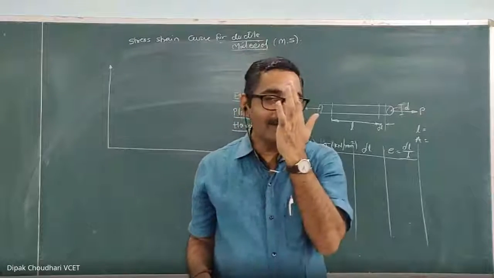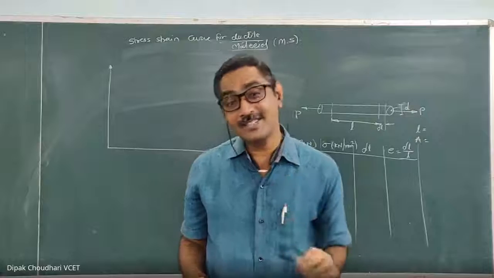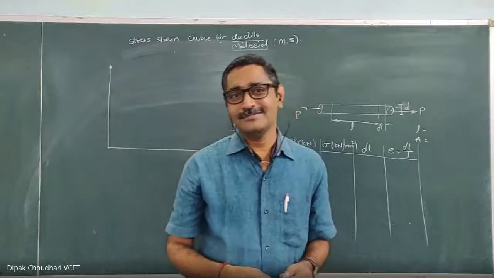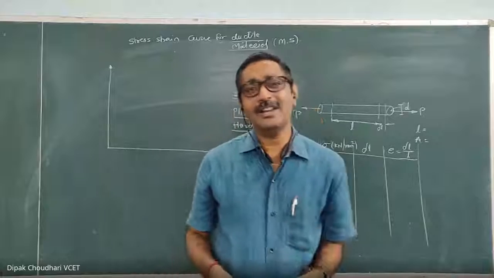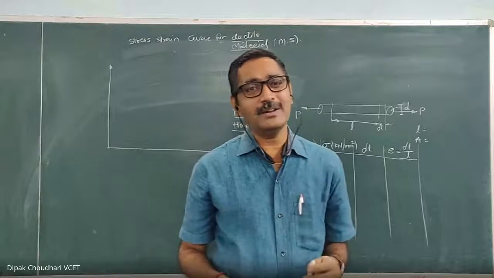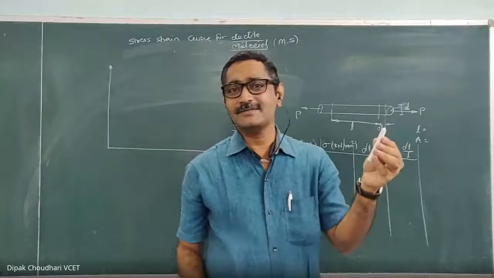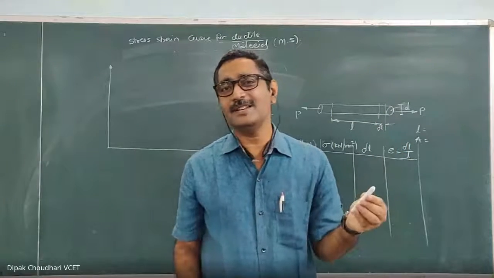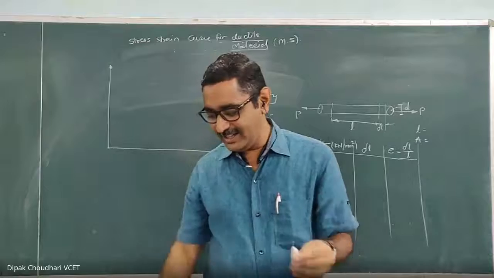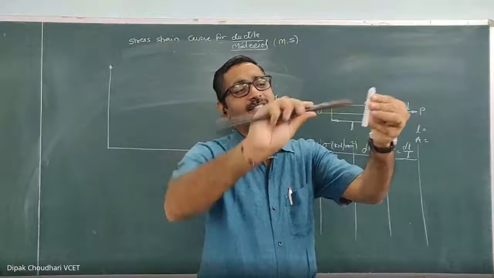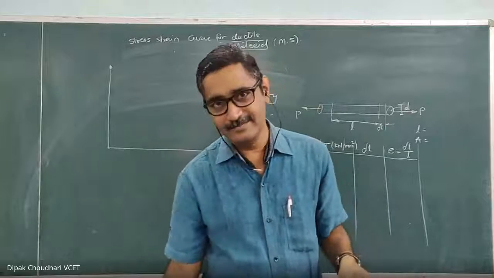Diamond is supposed to be the hardest material. For example, this chalk is not that much hard. Easily I can scratch on this, and that scratch is easily visible. Easily I can indent something on this chalk. If I take this and apply the force, easily I can make the indentation.